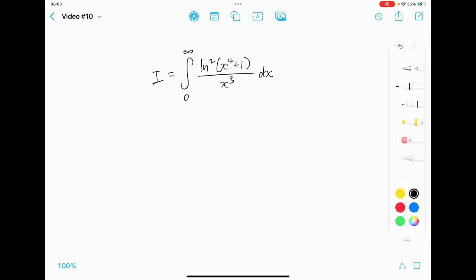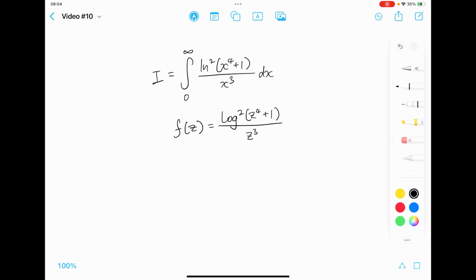We are going to transform this into a complex function. We'll transform the integrand into a complex function simply by using the principal branch of the complex log. I'm going to denote that by capital L log.